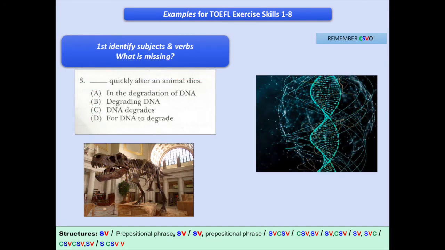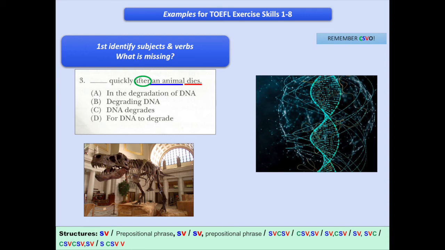Number 3, after is an adverb clause connector. Then there's a subject, an animal, and a verb, dies. Okay, because we have a connector, we know that this sentence needs to have 2 clauses.